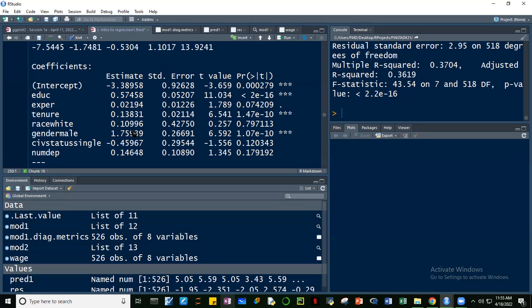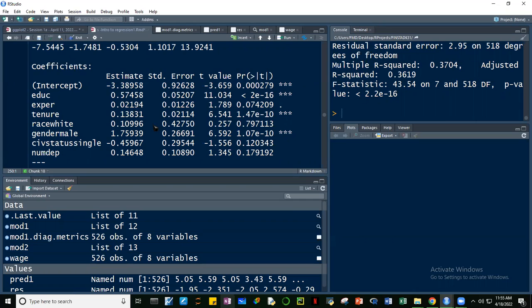It means that on the average, white employees tend to receive around 11 centavos more, since this is positive, in terms of hourly wage compared to non-white employees. So we benchmark against our benchmark level, which is non-white.